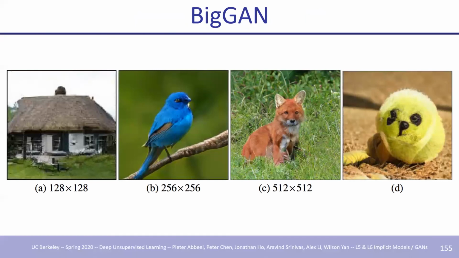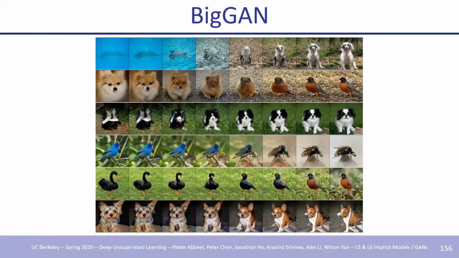Okay, and then so this is a more big GAN. I think this is a mixture of two classes where they mixed a dog and a ball here, and the others are just all generated. And then also you can move from one image to the other, just using the latent variables.